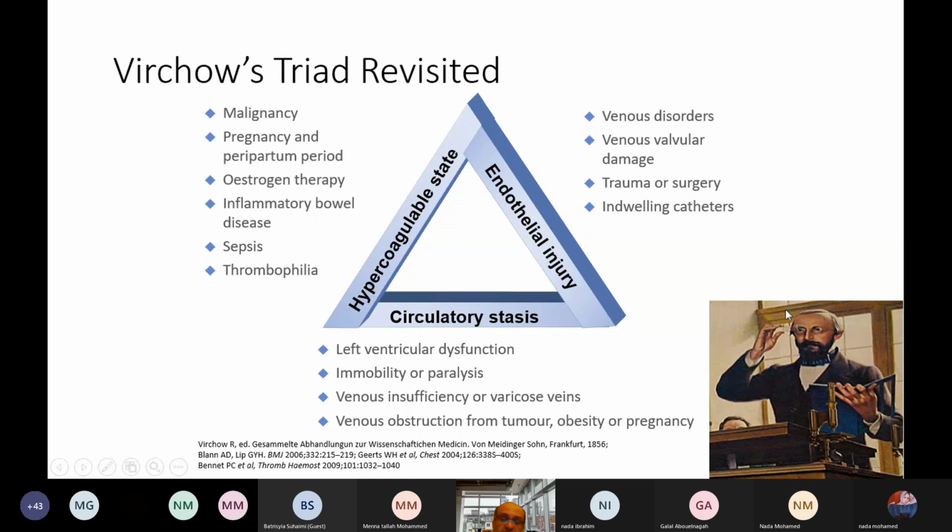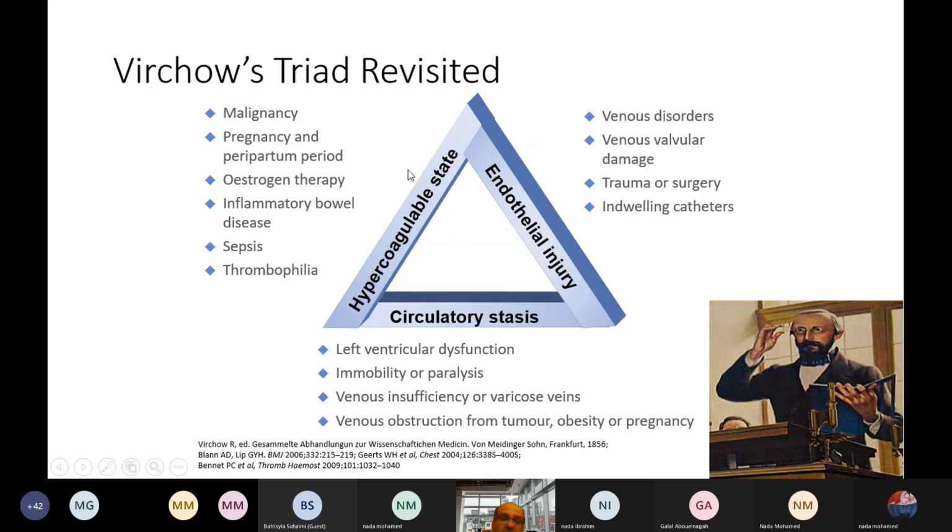This German scientist is called Virchow. He is very famous in pathology and in medicine. Virchow stated that whenever you have something that causes a hypercoagulable state, or injury to the endothelium, or some sort of stasis in the circulation, the patient will suffer from a DVT.